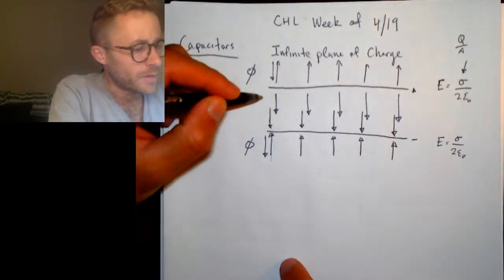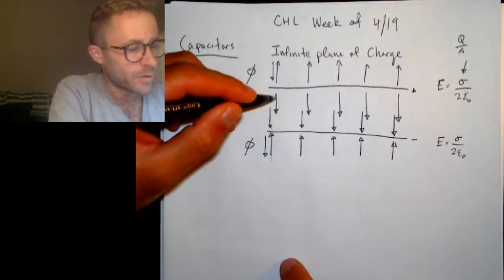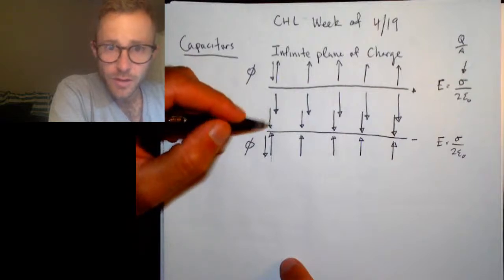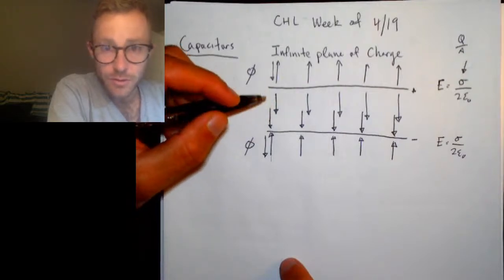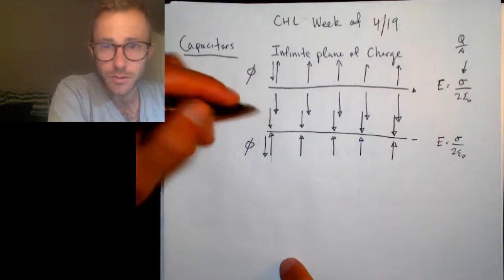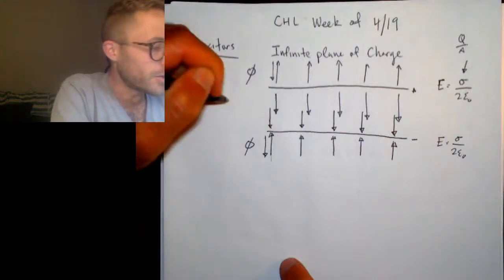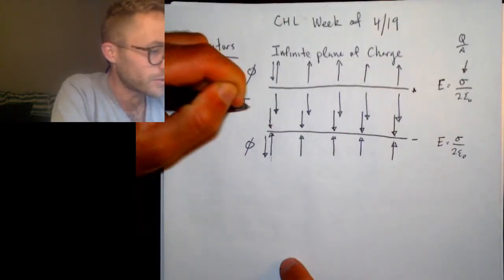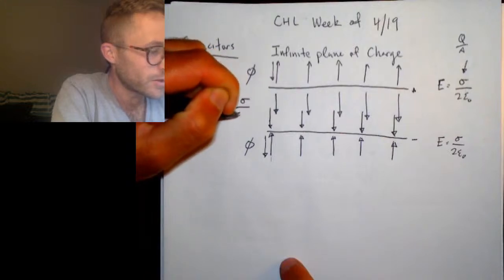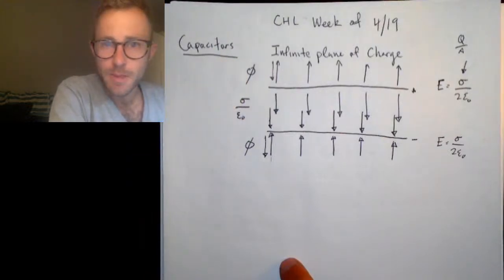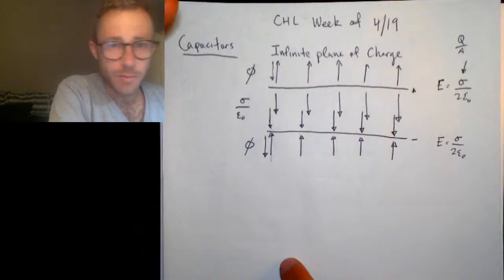Now, if we look in between the two plates, these two electric fields are both going downward, so they're going to combine, and we'll get a total electric field of size sigma over epsilon naught. So that is what a capacitor is.